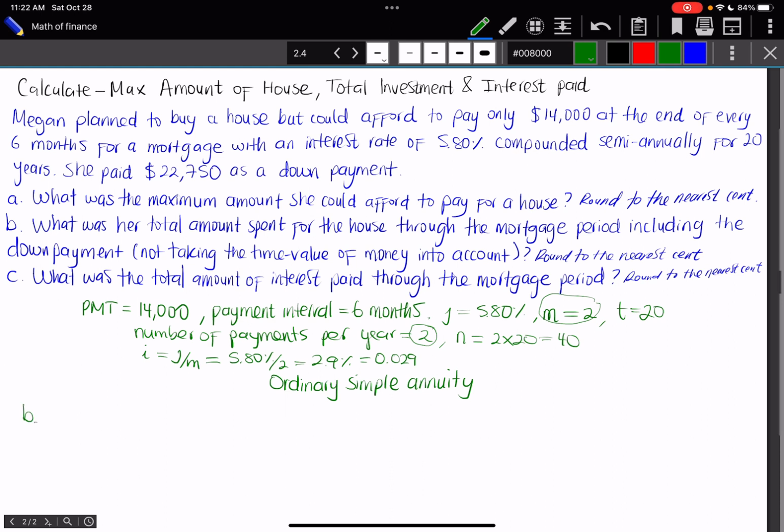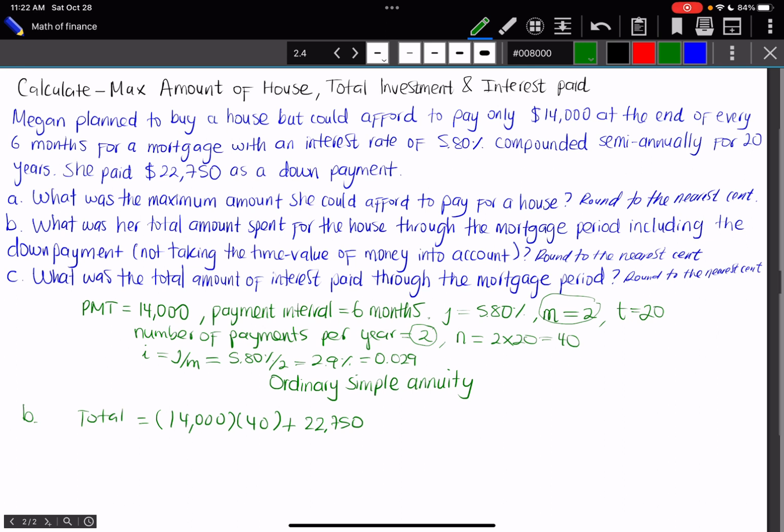Now the total amount Megan spent for the house through the mortgage period, including the down payment, corresponds to the addition of all the payments. We have 14,000, 40 times, and the down payment, 22,750.